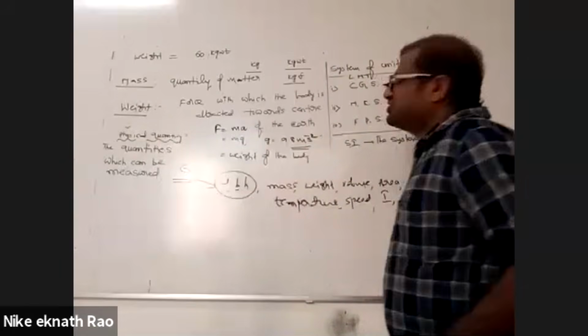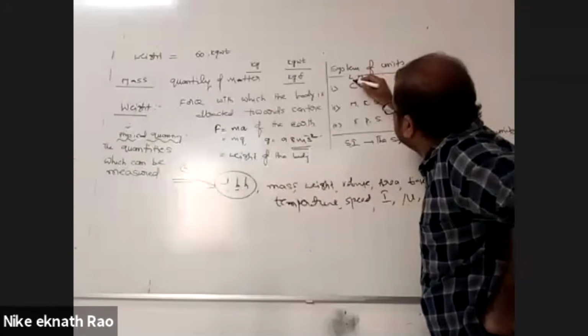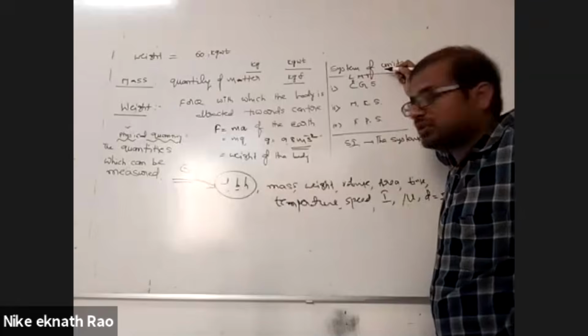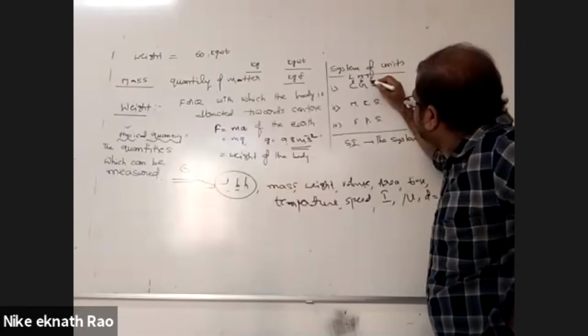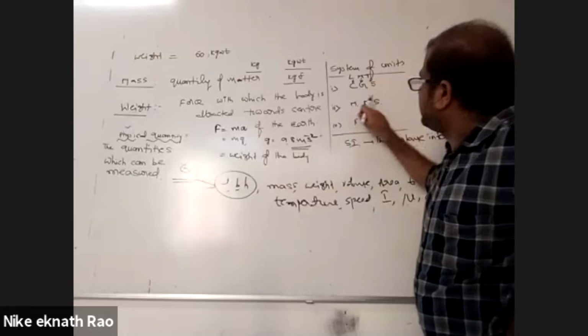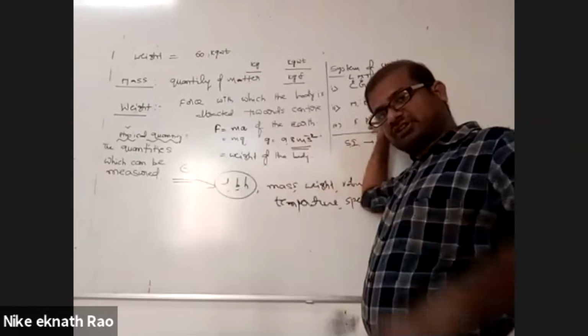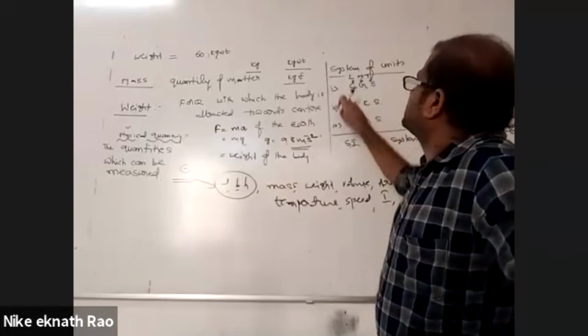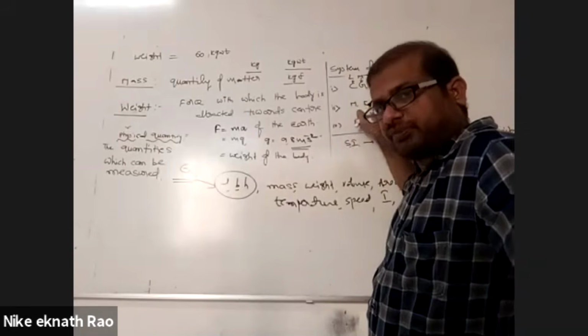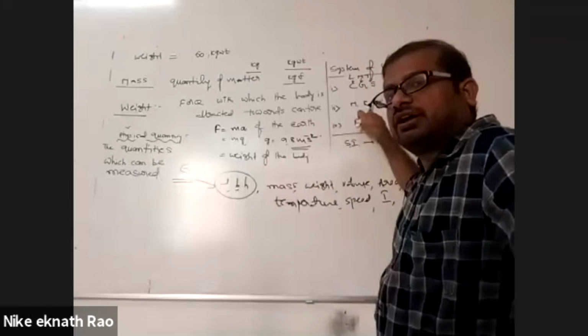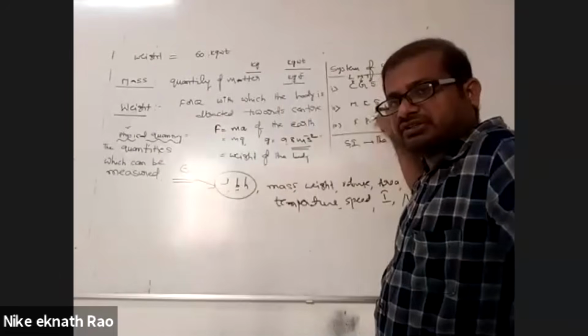In the CGS system, length is measured in terms of centimeter, mass in terms of grams, time in terms of seconds. In the MKS system, the standard system we are defining, length is measured in terms of meter, mass in terms of kilogram, and time in seconds.